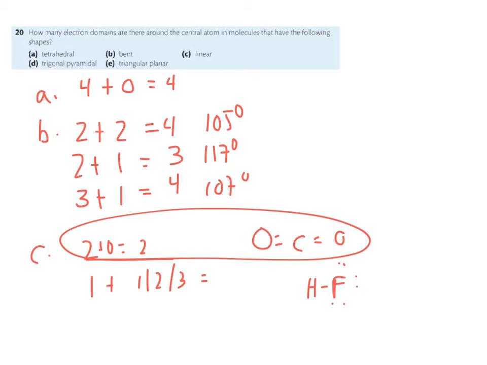C then, that was C. D, trigonal pyramidal, that has to have 4 things attached. It has 3 shared pair and 1 lone pair, so there's 4 electron domains. And trigonal planar has 3 and 0 for a total of 3 electron domains.